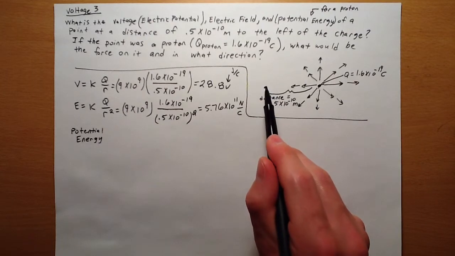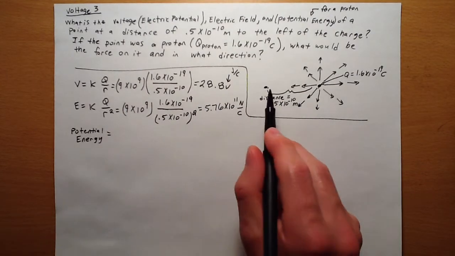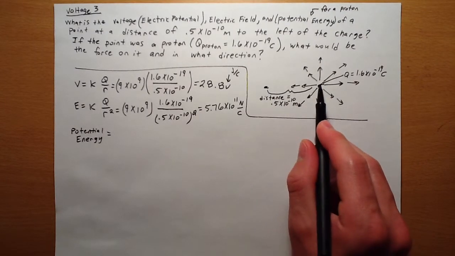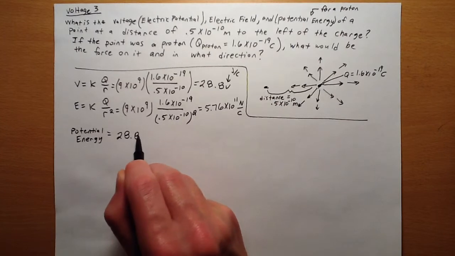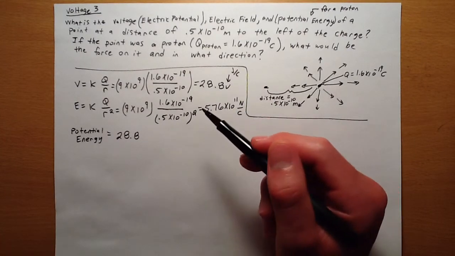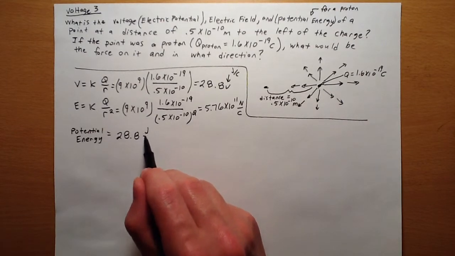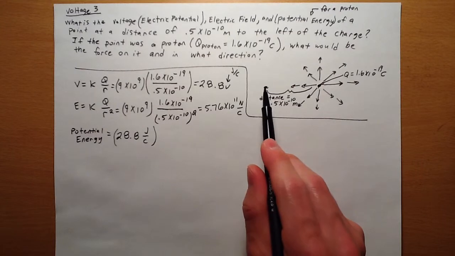of a proton placed at this point is equal to the voltage at this point due to this charge that causes the electric field of 28.8. Instead of volts, I'm going to say joules per coulomb because the charges will cancel out. So joules per coulomb times the charge we're going to put right here.